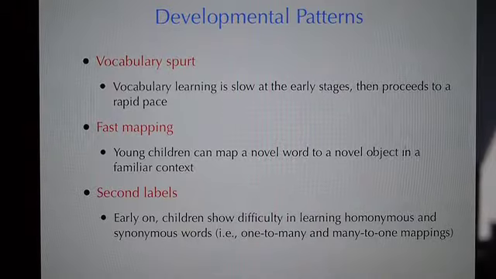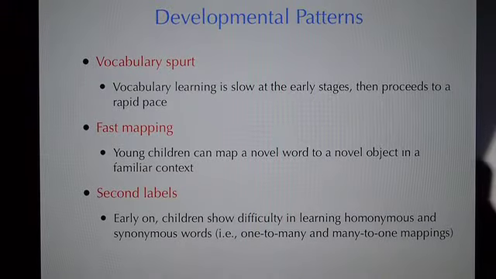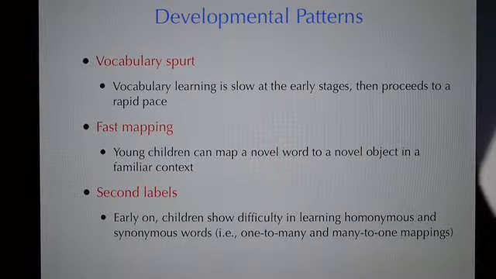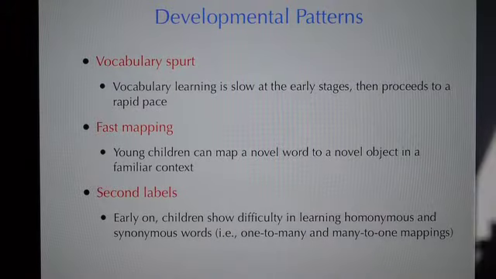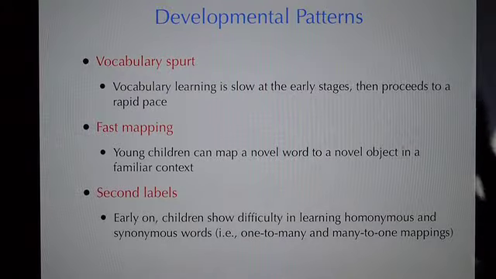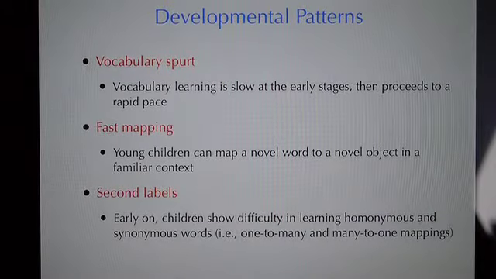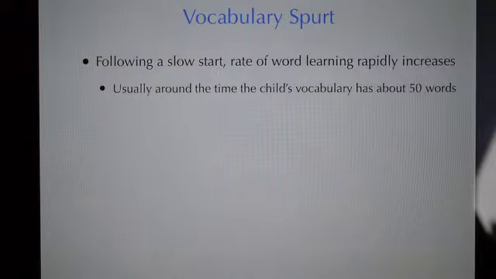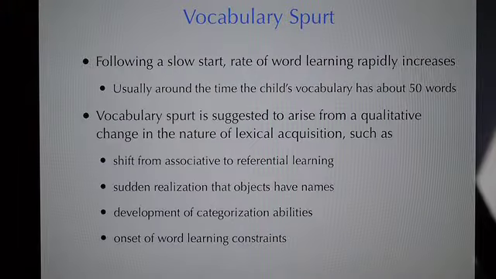This is obviously only at the very early stages of learning. Eventually they will learn the synonyms, but at least at first it seems that they are more willing to learn a one-to-one mapping for words and labels.